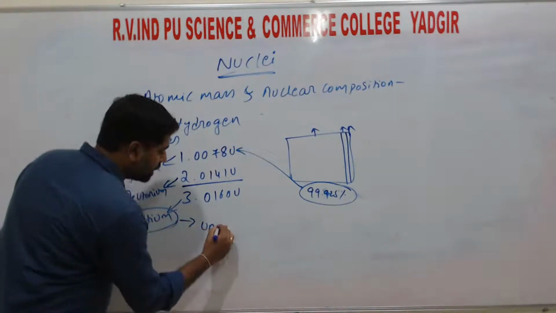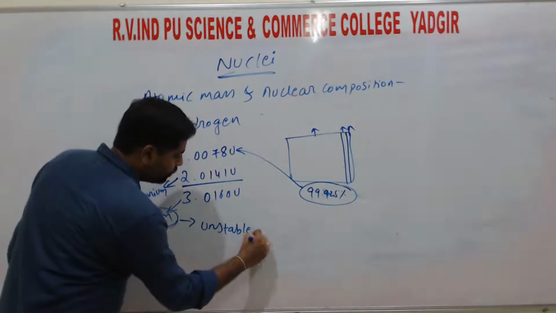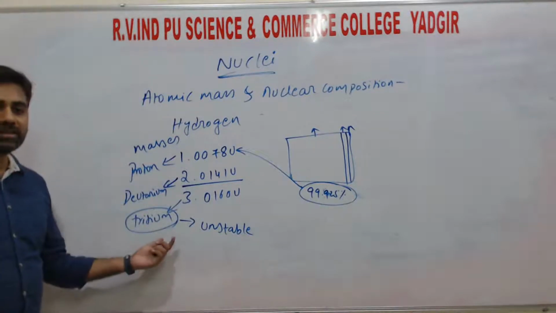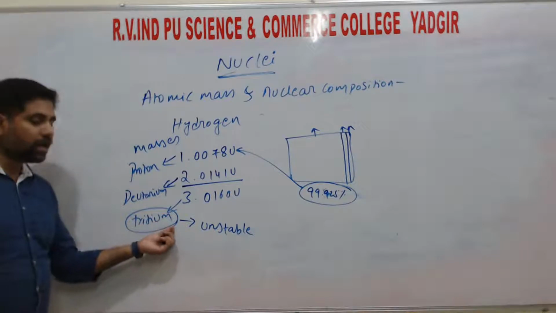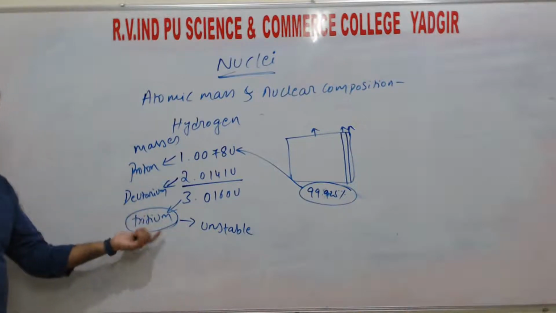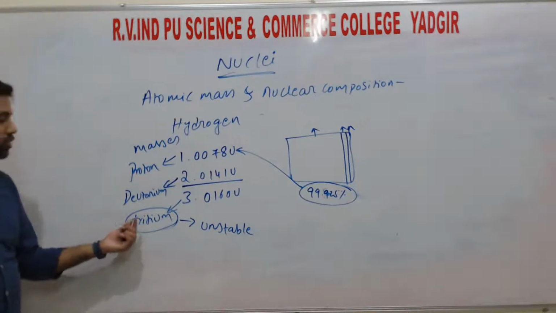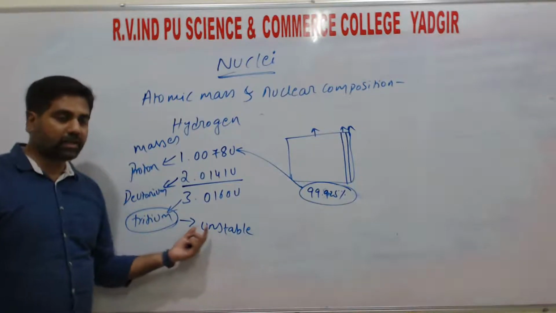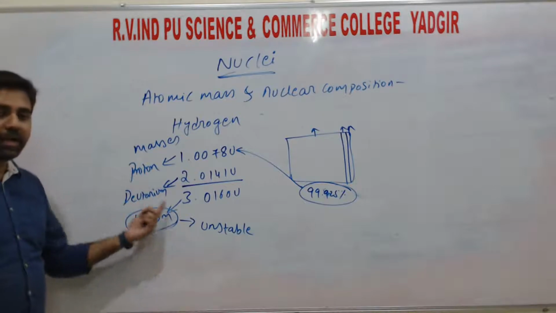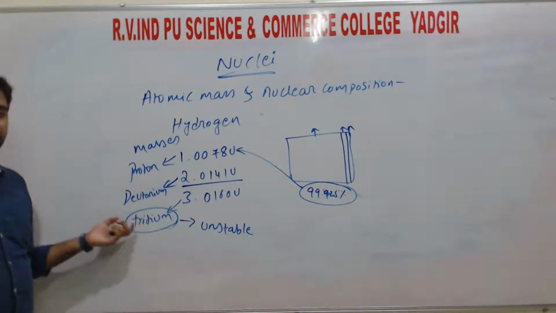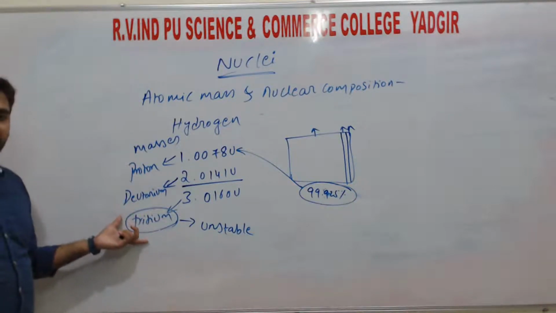Tritium is unstable in nature, hence naturally it will not exist, but it can be obtained in laboratories, right?